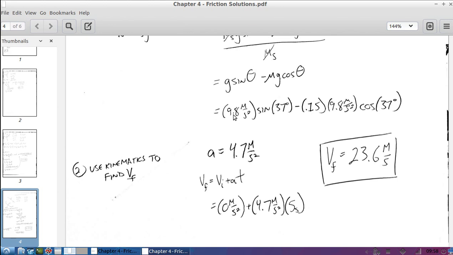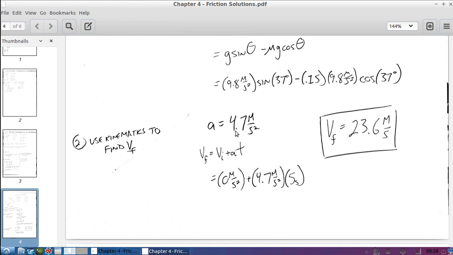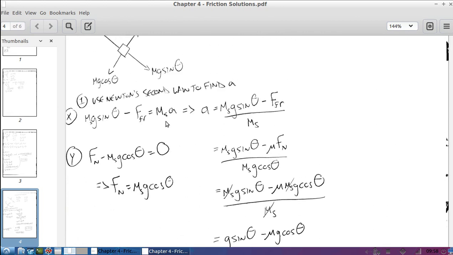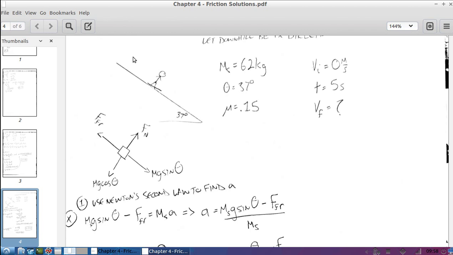Substitute g, theta, mu, and you get an acceleration of positive 4.7 meters per second squared, which is good because I said I want down the hill for the skier to be the positive x direction. So I'm getting a positive acceleration down the hill.